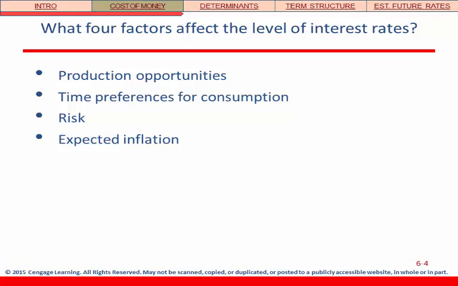So, education and healthcare have seen enormous inflation, whereas maybe the price of milk has not seen as much. And we've even seen where things like gasoline have actually kind of gone down, at least over a shorter period of time. So once again, those four factors are opportunities, time preferences, risk, and inflation.